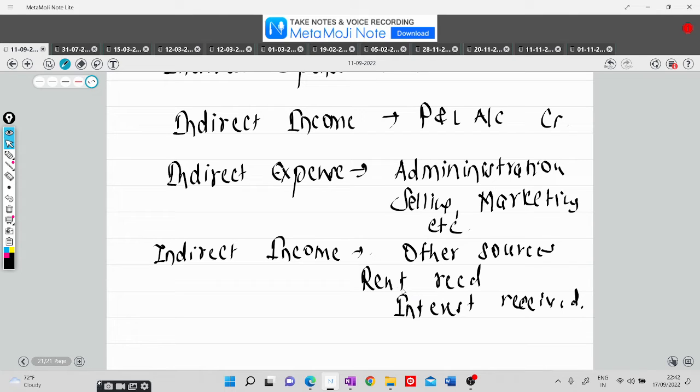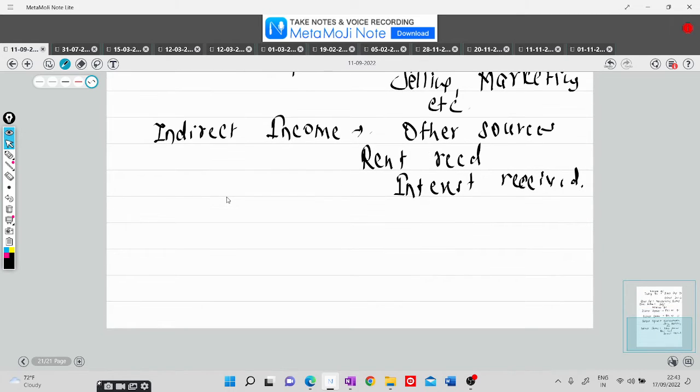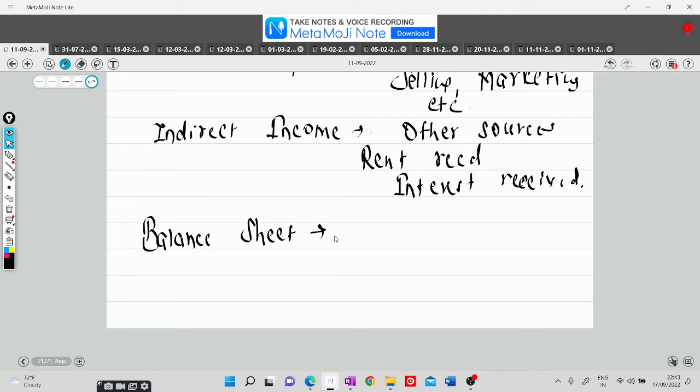So the profit and loss account is also a nominal account, and the balance sheet is nothing but a statement showing the financial position of a company on a particular date. The balance sheet will consist of assets and liabilities.